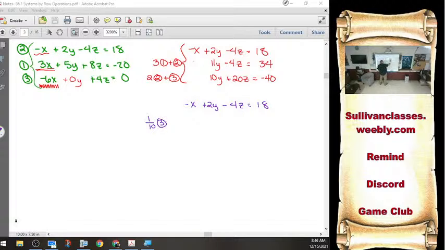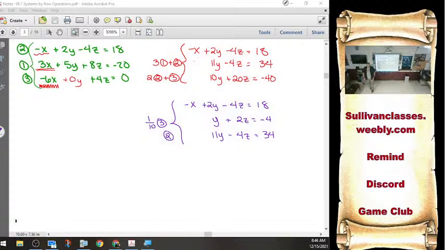I'm going to swap these two rows because that's one of my legal operations. Turn that into y plus 2z is -4. I'm going to put equation 2 down here, moving this guy to the bottom row: 11y minus 4z is 34.